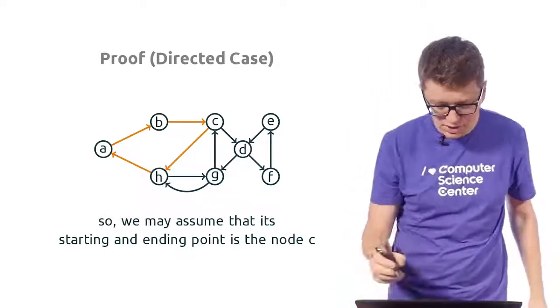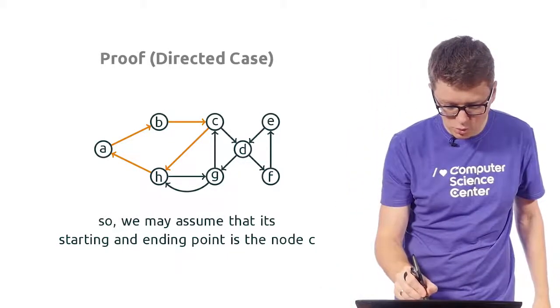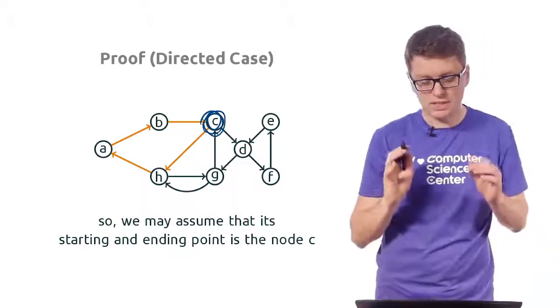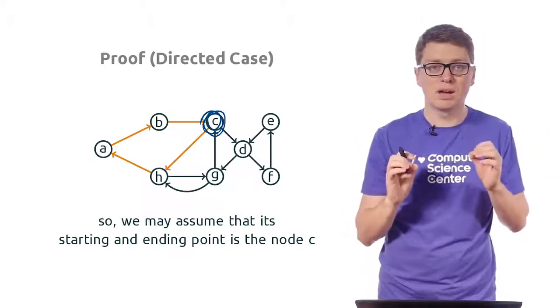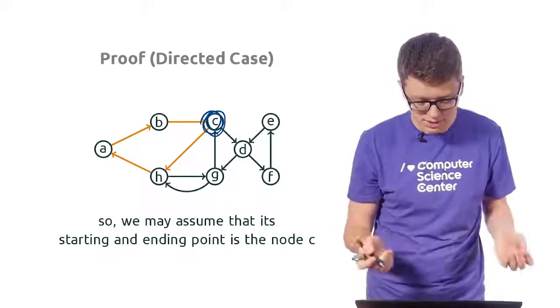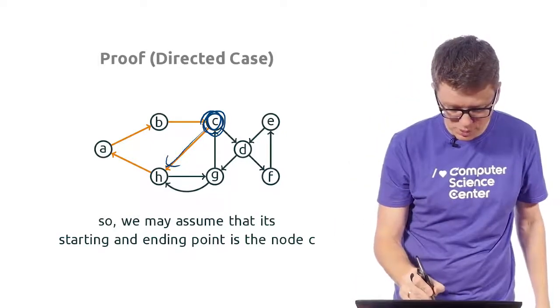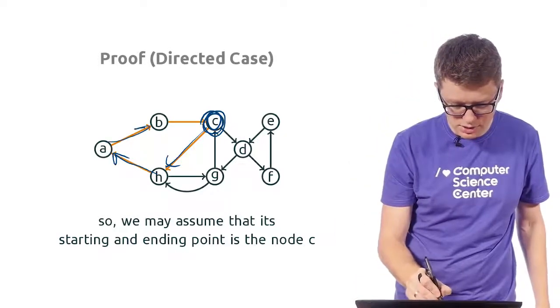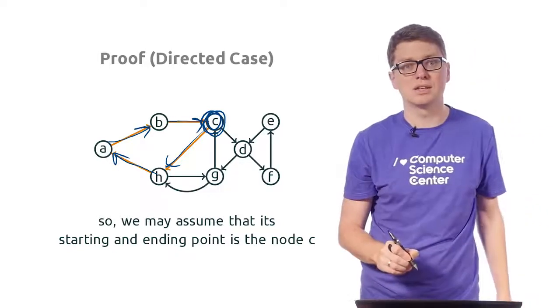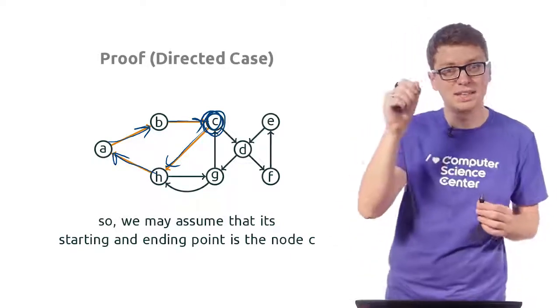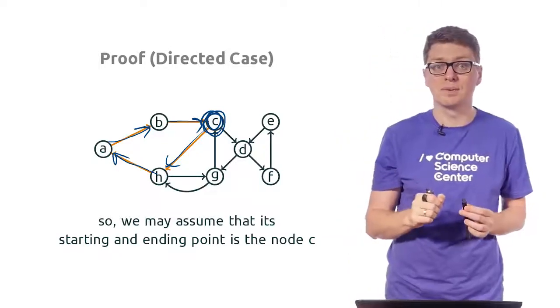Okay? It is convenient because, on one hand, for C there are still some outgoing untraversed edges. At the same time, going from C, we can easily traverse our cycle that was constructed previously. We start from C and we end at C, and then we continue traversing. Right?